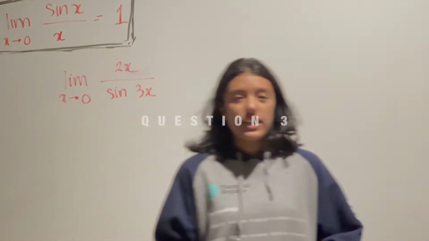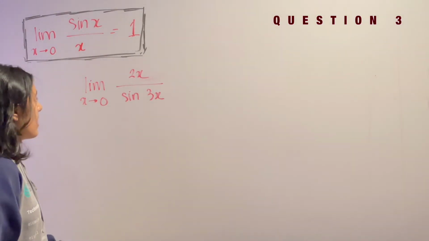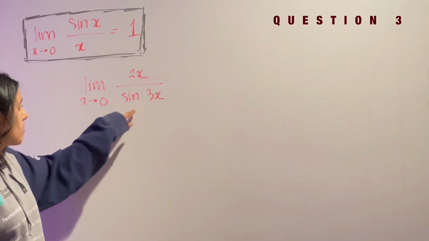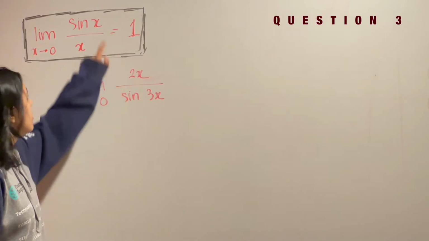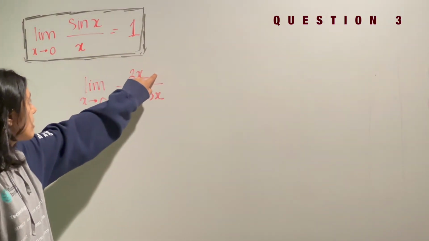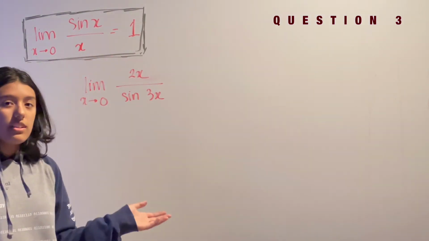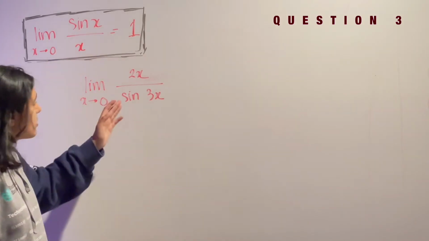Alright, now let's change things a little bit. Our next problem is the limit as x tends to 0 of 2x over sine 3x. Here we see that the sine 3x is at the bottom, not in the numerator, and we see that 2x is in the numerator here, but in the formula it's in the denominator. Nonetheless, we can still use this to find the limit.